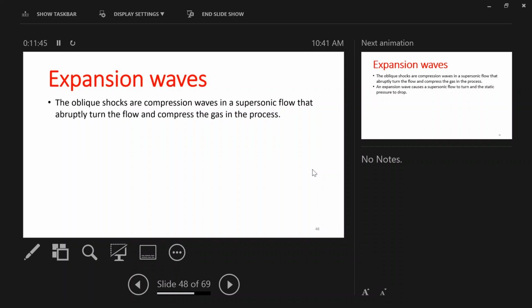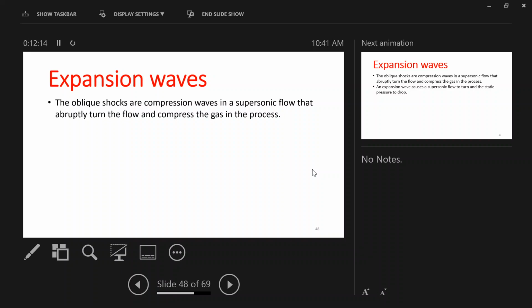Okay, but as you have seen before, when that flow in the supersonic condition leaves your wing, we are going to need an adjustment again, right? Because the air surrounding your wing or the plane is moving at a supersonic speed, so the exit condition of the wing also has to be supersonic.